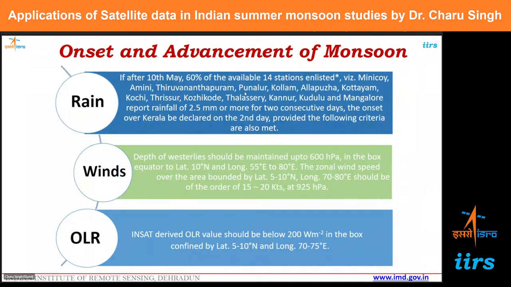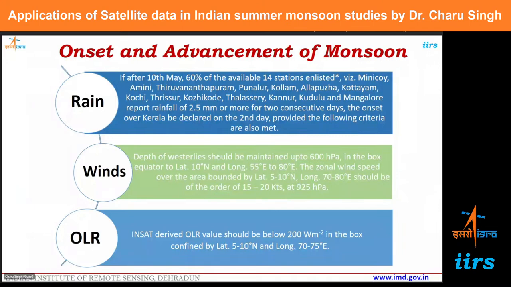If there is rainfall after 10th of May, which is of the order of 2.5 millimeter or more for 2 consecutive days, the onset over Kerala is declared on the second day, provided the following criteria are also met. So the other criteria are the winds and the OLR. So depth of the westerlies, because we have seen that there is a reversal in the wind direction.